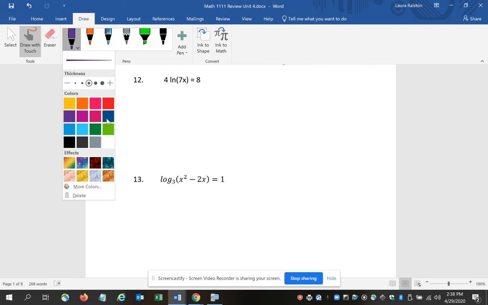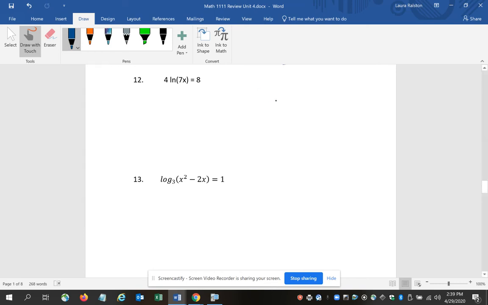Number 12, I have 4 times the natural log of 7x equals 8. Again, I notice I have a log in there, so it's a logarithmic equation, but it's not isolated. So the first thing I need to do is isolate it.